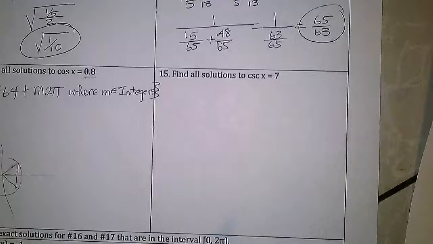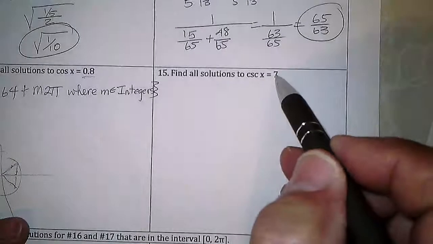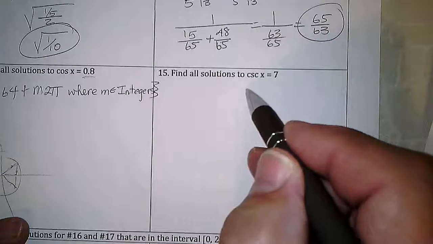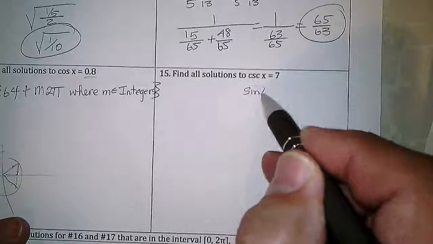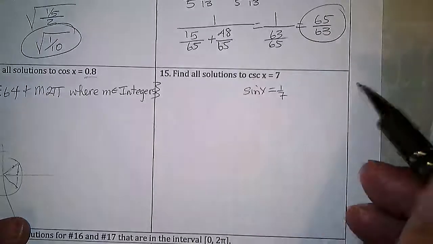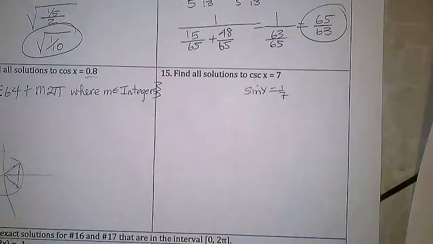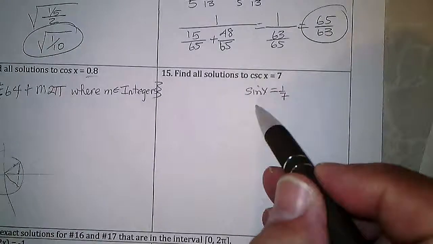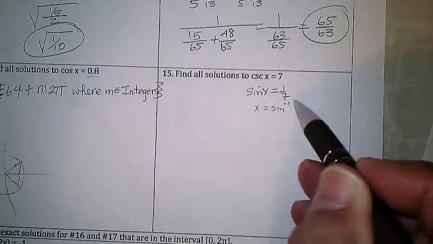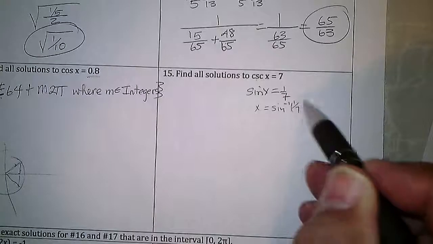Now we've got to know where the cosecant is 7. Well, the cosecant is the reciprocal of the sine, so the sine of some angle has got to be 1/7. And then we take the sine inverse of both sides, and we get x has to be the sine inverse of 1/7.